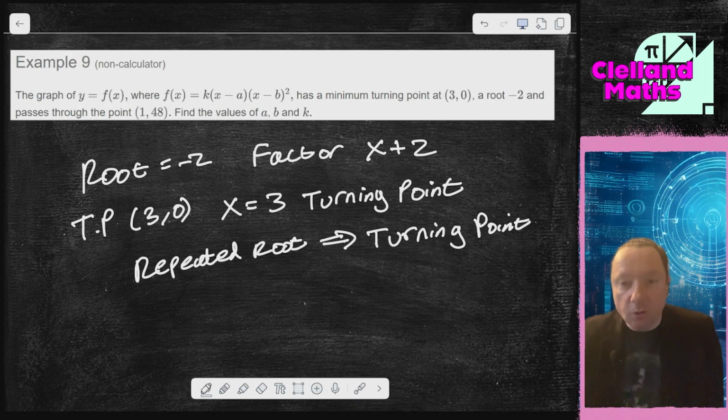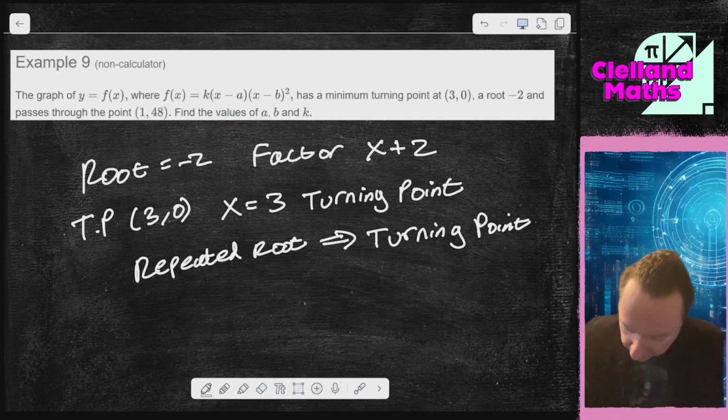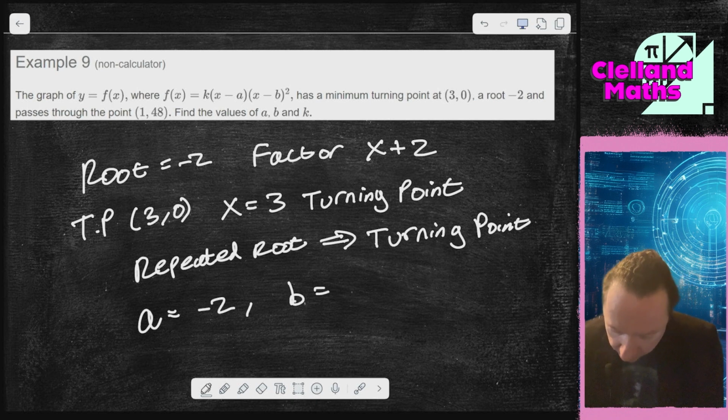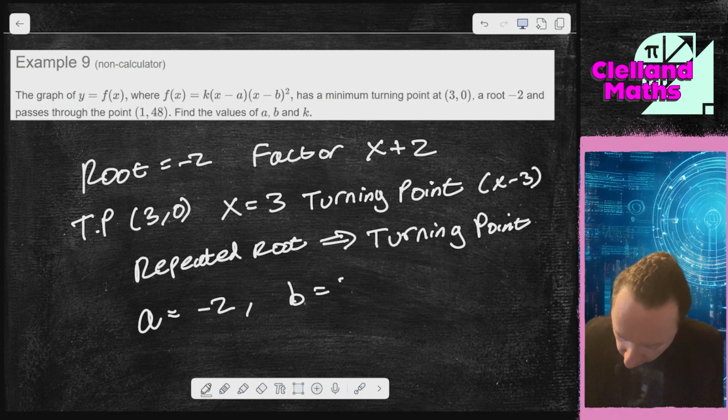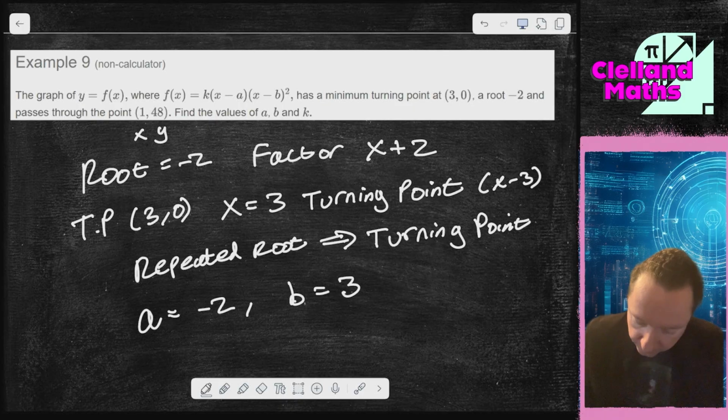Because it's 3, 0, so it's on the axis. The turning point on the axis means a repeated root. So that means that our a straight away, x minus a, it's x plus 2, is minus 2. And our b, x equals 3, so it's x minus 3. B is just 3. Now to get our k, we just sub in our point, x and y.